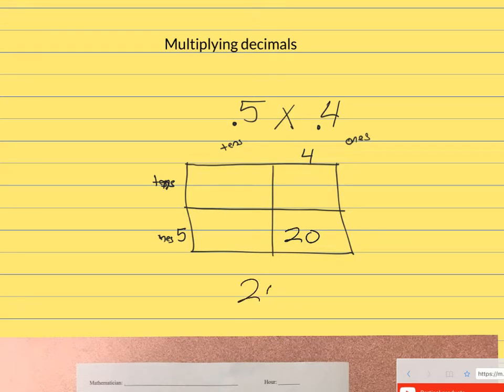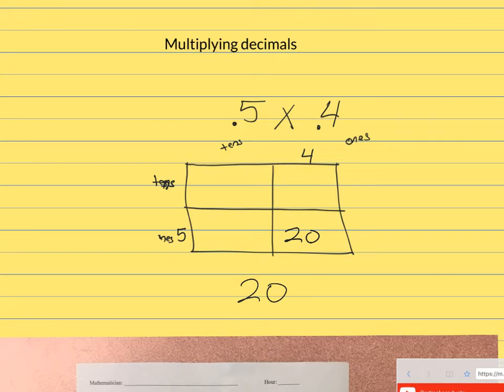So the answer is 20, but we have to deal with our decimals because it's not 5 times 4 wholes, it's 5/10 times 4/10. So we have parts, just like in decimals. When we multiply parts, the answer gets smaller.